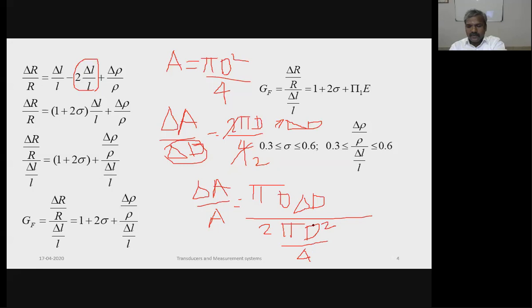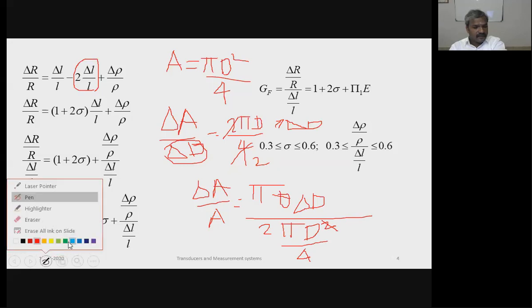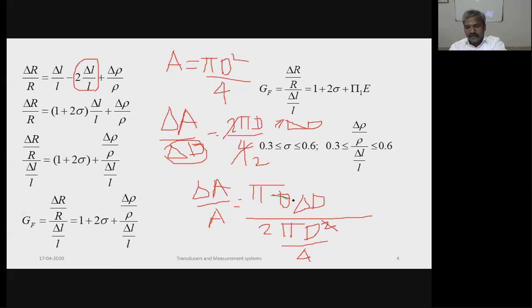So this 4 and this D cancel, one D cancels, this 2 cancels, so it becomes 2, and this 2 goes to the numerator.